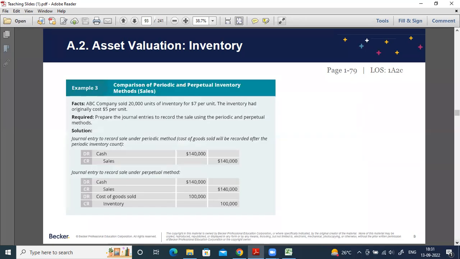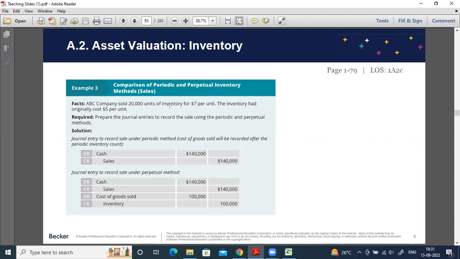Now there is a small question, try to understand this. ABC company sold 20,000 units of inventory for $7 per unit. The inventory had an original cost of $5 per unit. So this ABC company, the original cost of inventory was 5 and they sold it for 7.